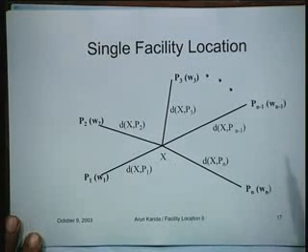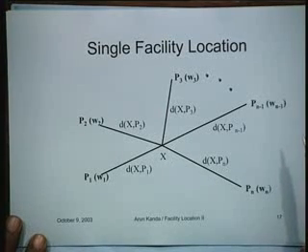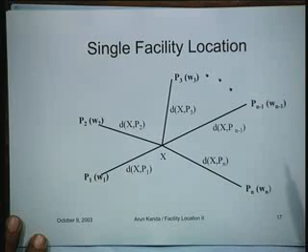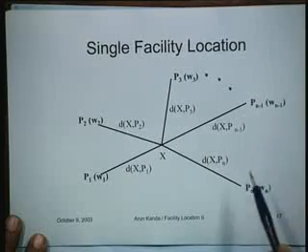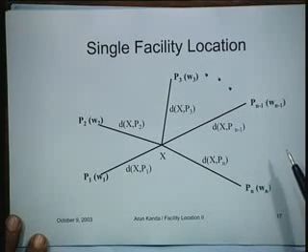Okay, there could be many examples which we can construct. For instance, if these facilities are hospitals in the city, let's say Delhi has 10 hospitals.